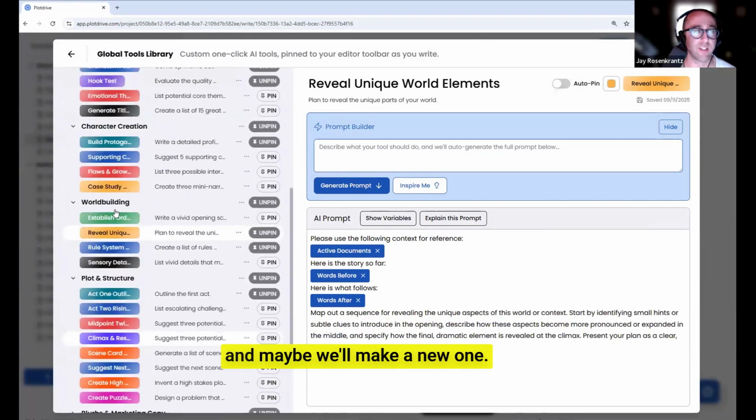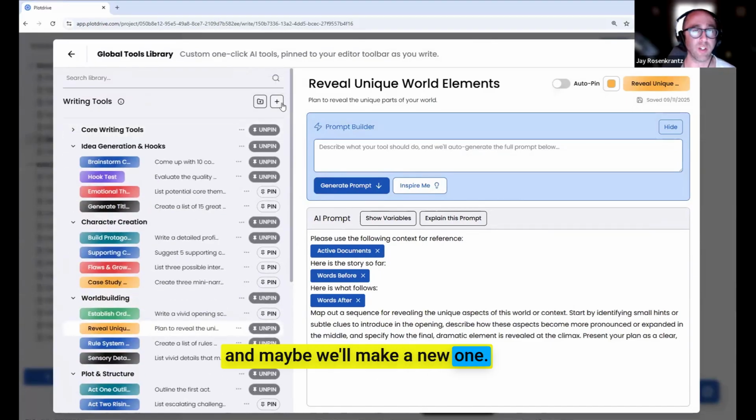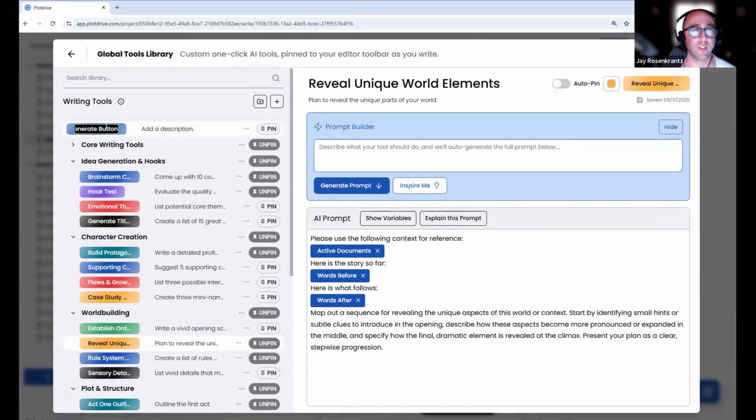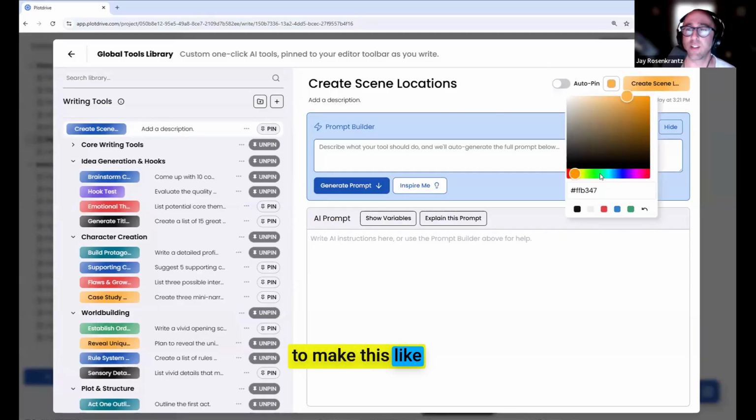And maybe we'll make a new one, like create scene locations. Let's make this some sort of teal.